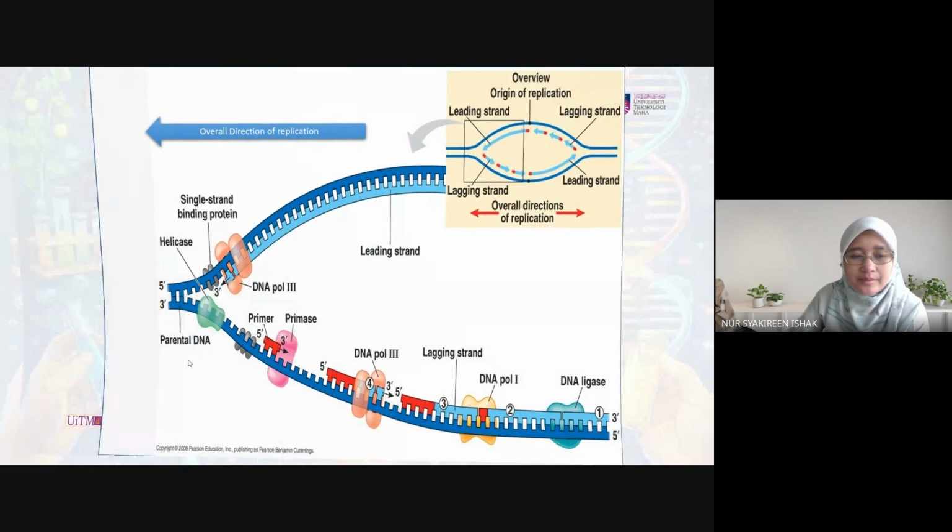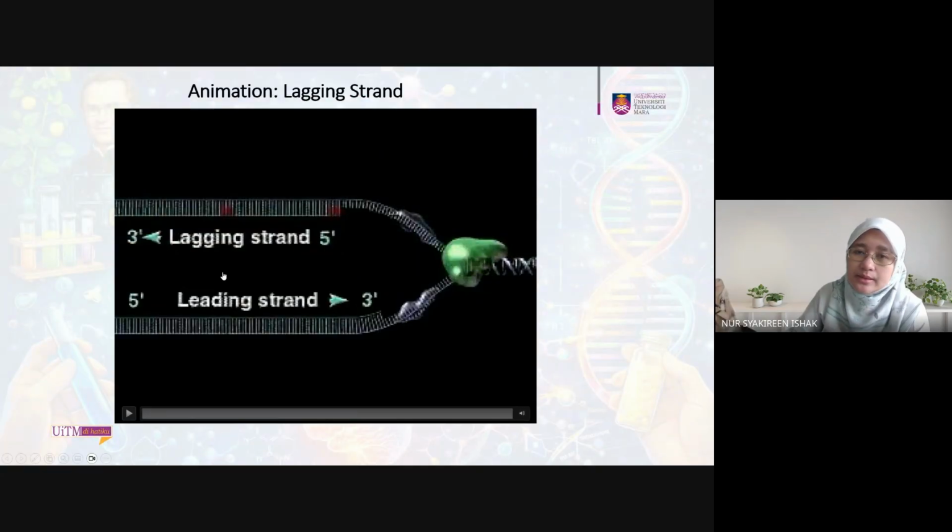That animation shows you the synthesis of the Okazaki fragments and then the joining of the Okazaki fragments to form a continuous lagging strand.